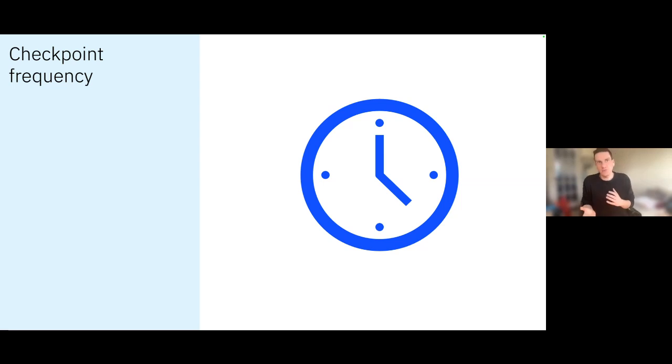So there is a trade-off: the more frequently you checkpoint, the more recent a checkpoint you have available to go back to in the event of a restart. Going back to my example of processing orders, if you checkpoint every 5 minutes, then the most you're going to have to reprocess is 5 minutes' worth of orders at the absolute worst, because you'll have a good checkpoint at least 5 minutes ago.